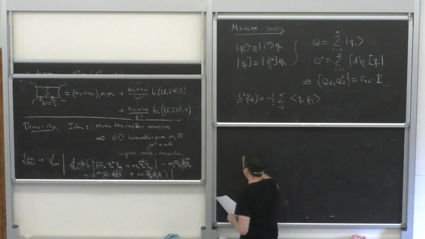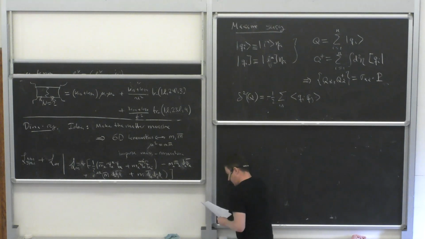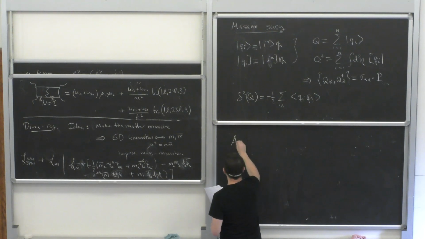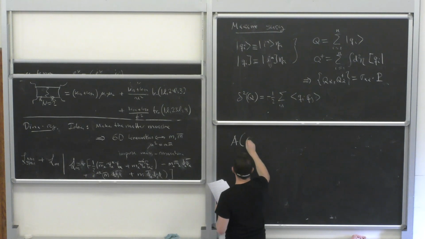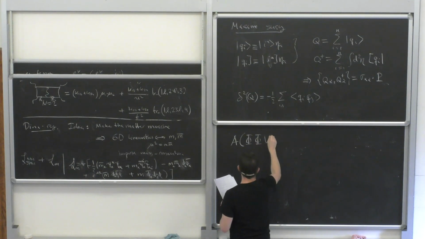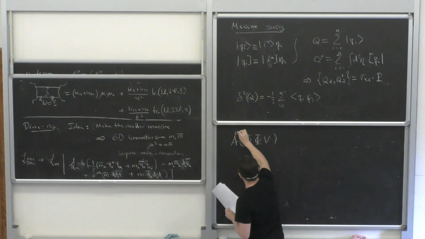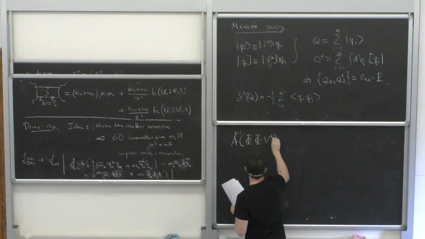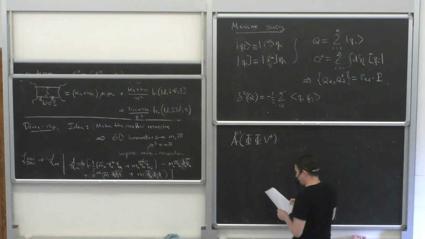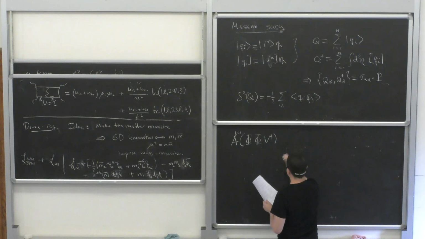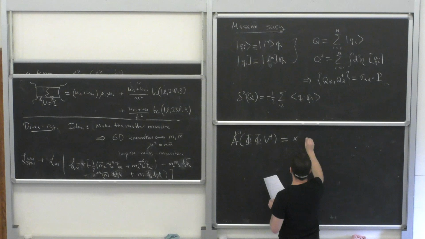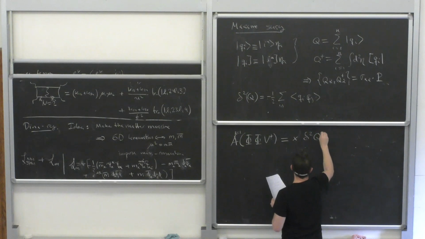Let me write down the Yang-Mills amplitude for 2 chiral multiplets and a vector multiplet. So this is n equals 1. And this is a plus helicity vector multiplet. So this amplitude is some x factor times delta to q.